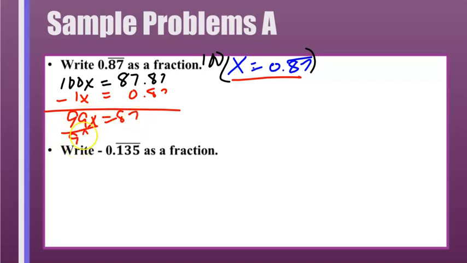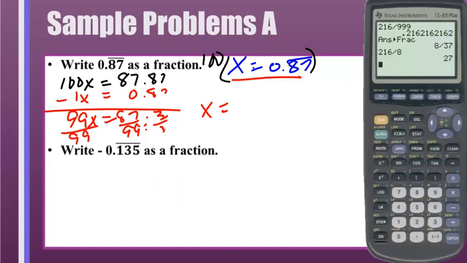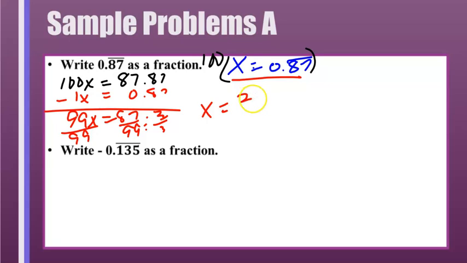Divide that by 99. And x is going to equal, I'm going to divide this by 3/3. And if I do that on the calculator, 87 divided by 3 gives us 29. 99 divided by 3 is 33. So our answer would be 29/33.